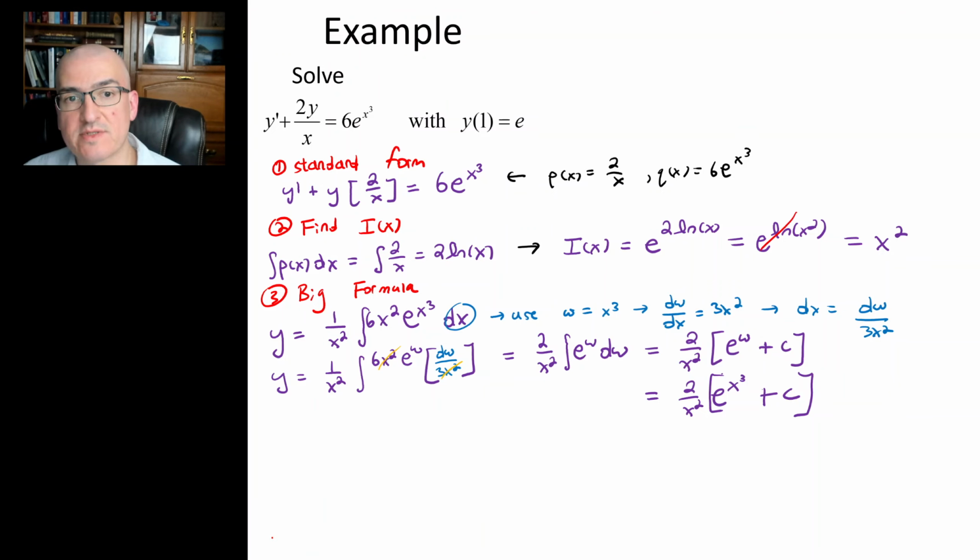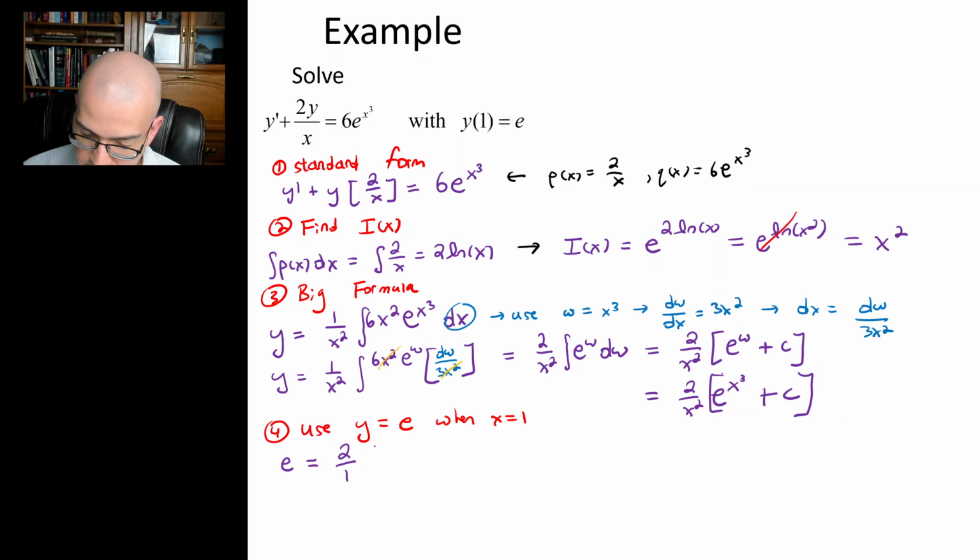Now step 4. Use y equals e when x equals 1 to find c. So e is equal to 2 over 1 times e to the 1 plus c. So that means e is equal to 2e plus 2c.